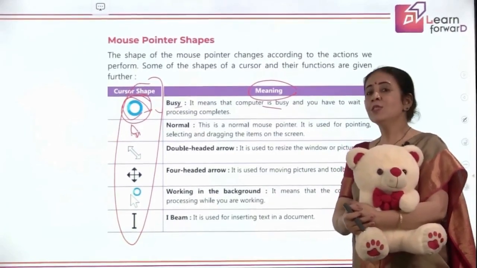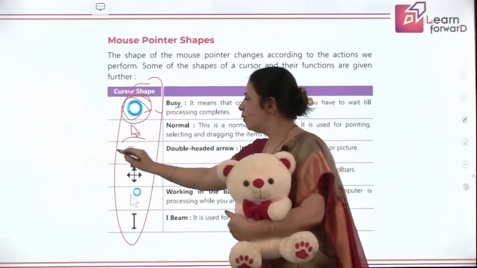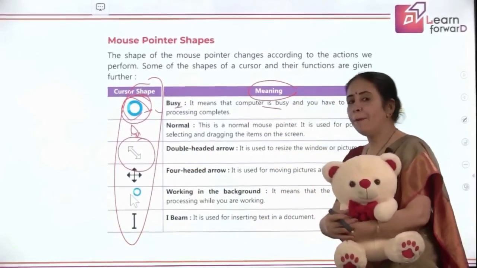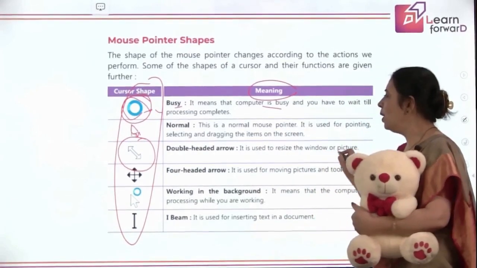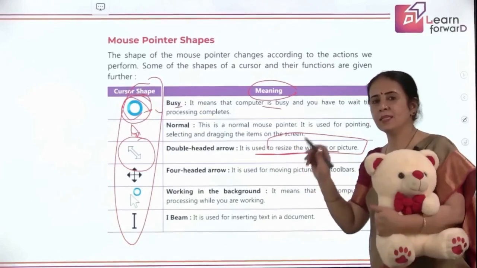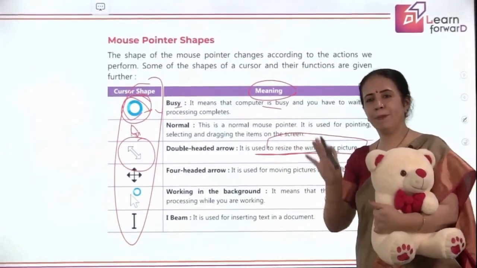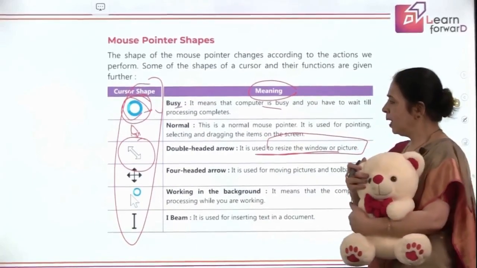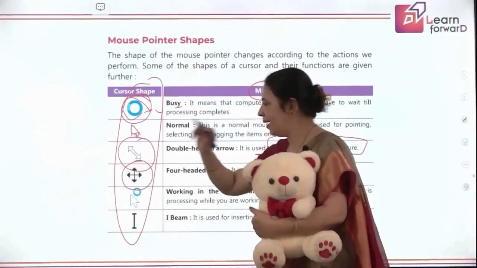Okay, so we come with the next image. Look here, what is it? We call it double-headed arrow. And this double-headed arrow indicates that you are going to resize the window or the picture. Okay, now look, oh, it's a four-headed arrow now.